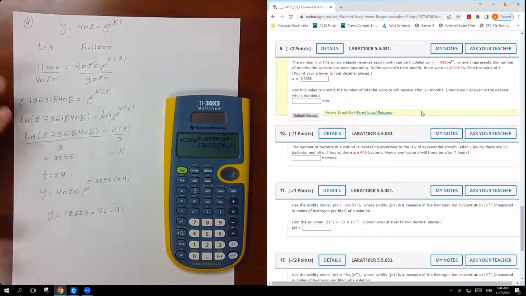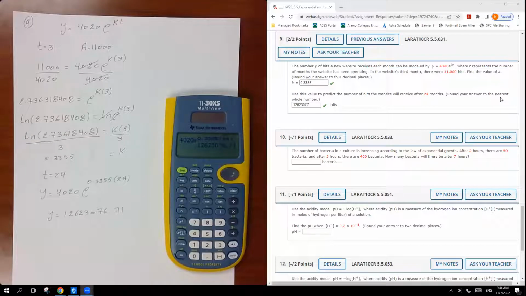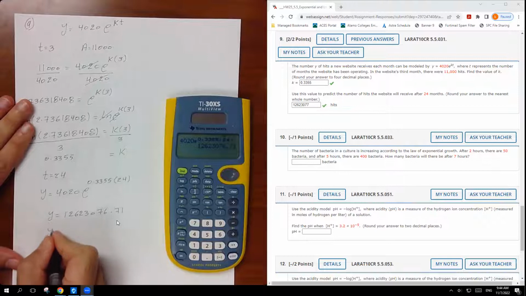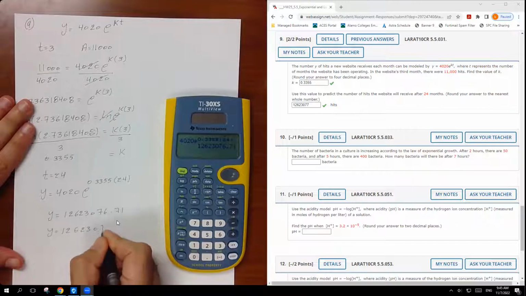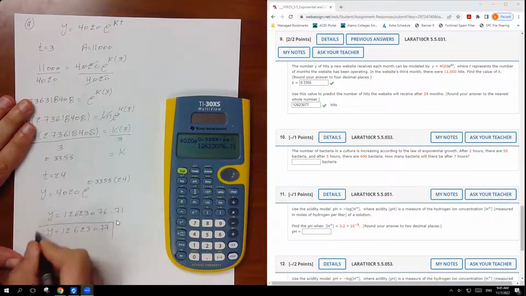The 71 is going to round up, so we add one here and it's going to be 77. So we're going to plug in 12,623,077, because they ask you to round to the whole number. So this is our result. That's a whole number.